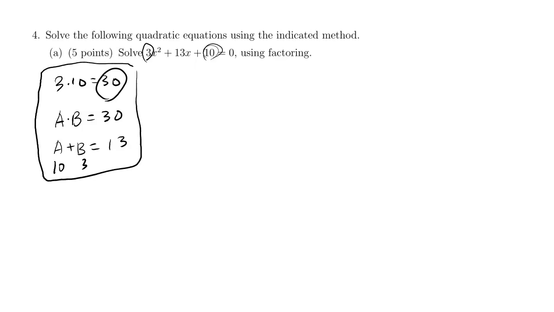Once you have that, what's step 2? Step 2 is split the middle number 13x as 10x plus 3x, just like that. So 10 plus 3 is 13, so 10x plus 3x is 13x. Once you split the left side like that, then you can do something called factor by grouping. You can group the first two, group the second two, and you try to factor as much as possible.